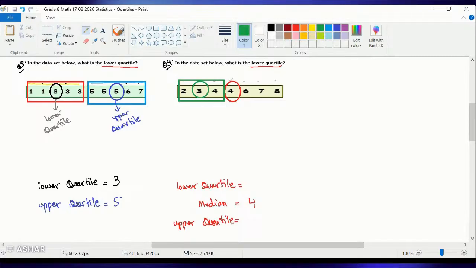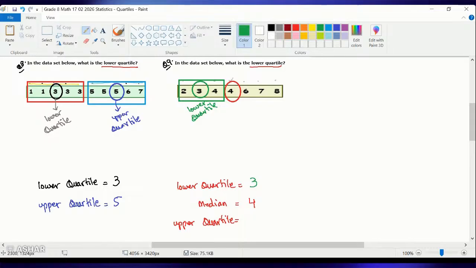Because if there were 7 values, the 4th value was the middle. On the left side, there were 3 values, 2, 3, and 4. Which value is the middlemost value? This would be the lower quartile. The lower quartile comes out to be 3.